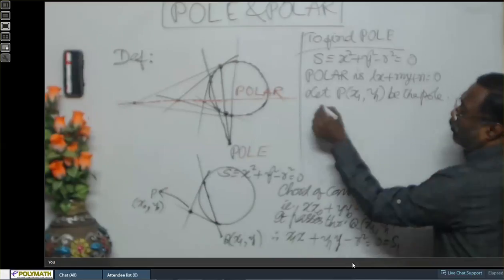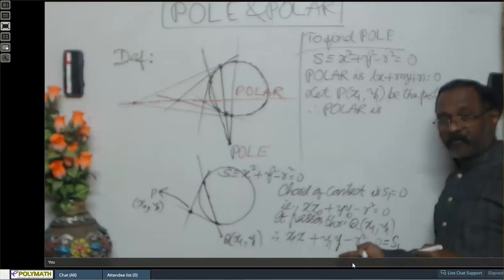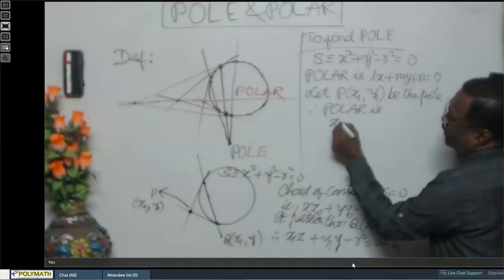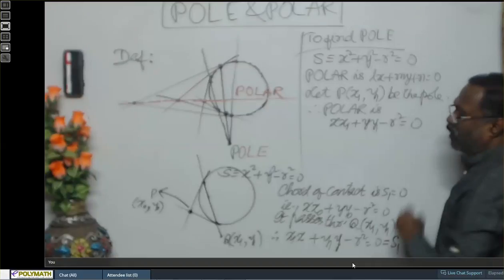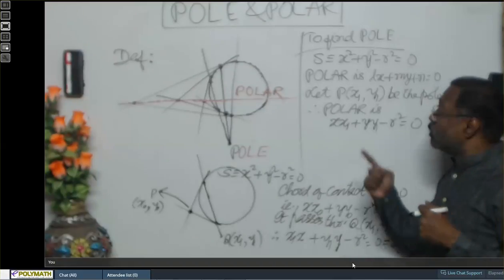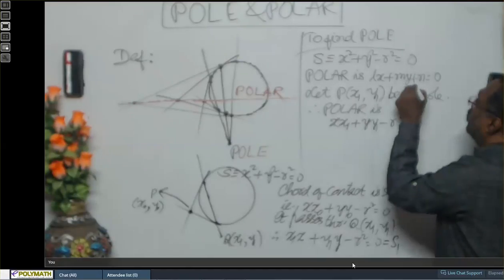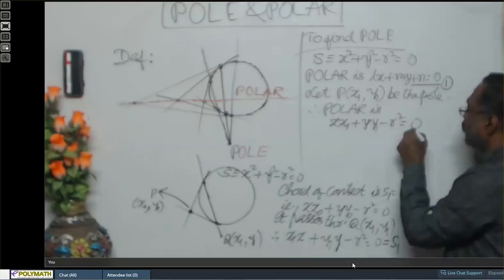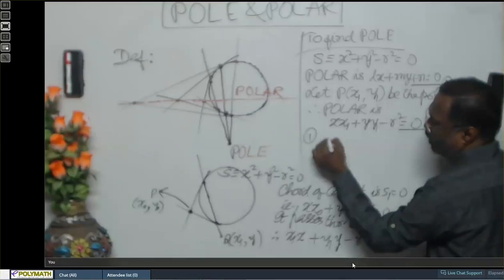Therefore, the polar is, according to the formula S1 equal to 0 we have just now derived, x x1 plus y y1 minus r square equal to 0, obtained by considering the pole as x1, y1. But the polar is already given in equation 1, and this is equation 2, which we have got. 1 and 2 are the same.